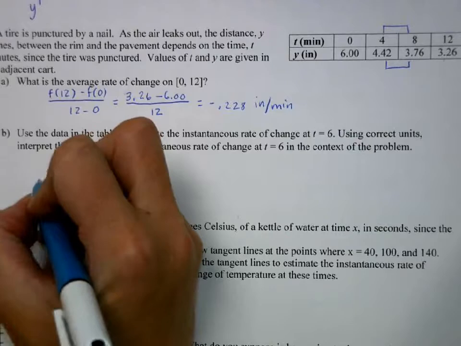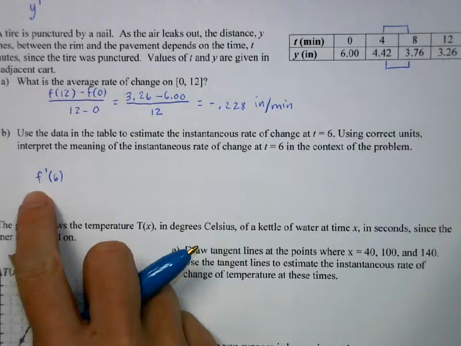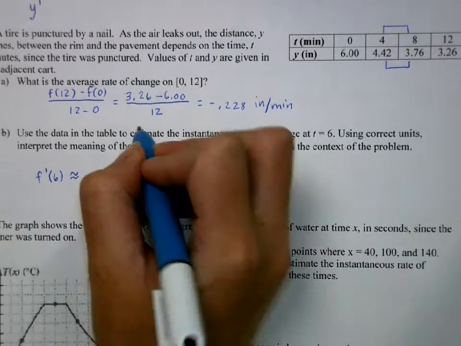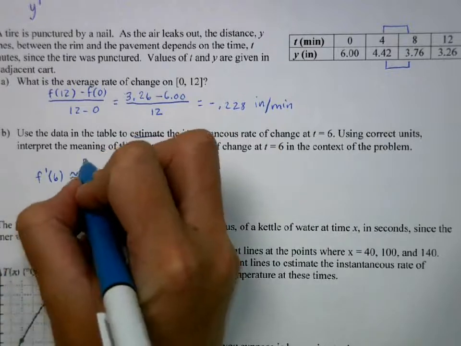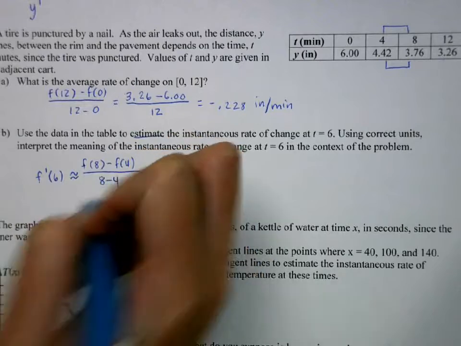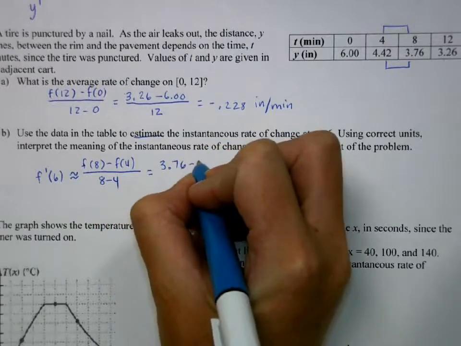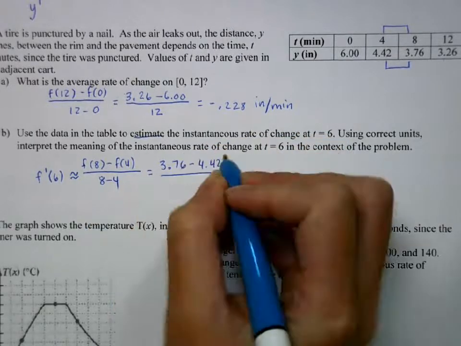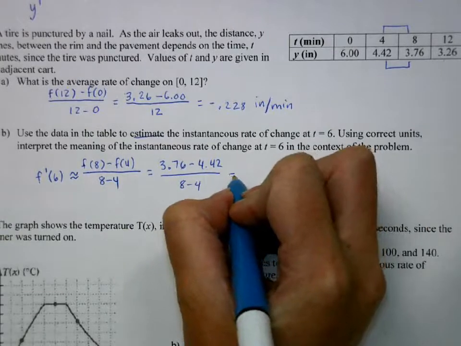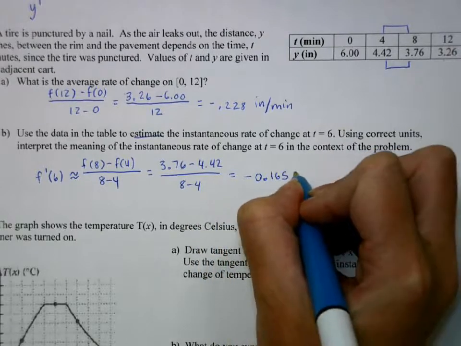So the instantaneous rate of change, or the derivative at 6, is going to be approximately equal to, because we're just doing an estimate, f(8) minus f(4) over 8 minus 4. So that's going to be 3.76 minus 4.42 over 8 minus 4, which if you type that into the calculator is negative 0.165. This again is inches per minute.